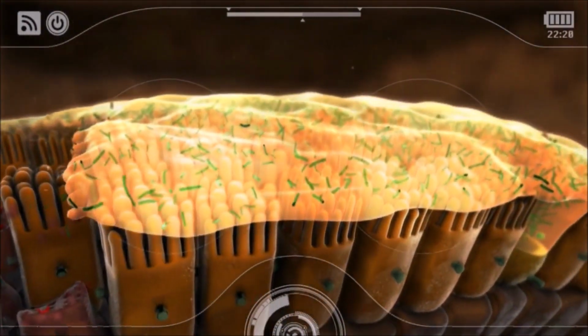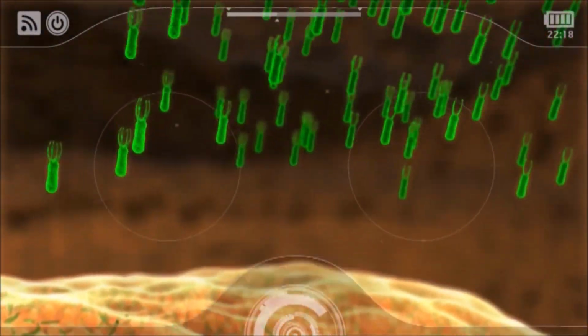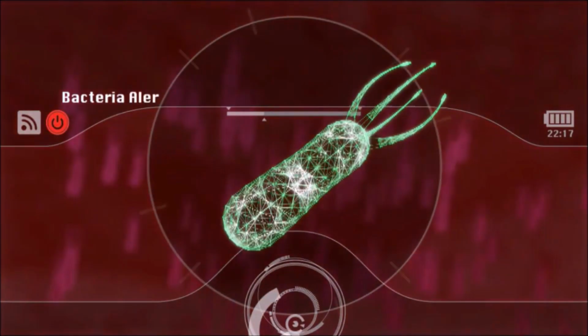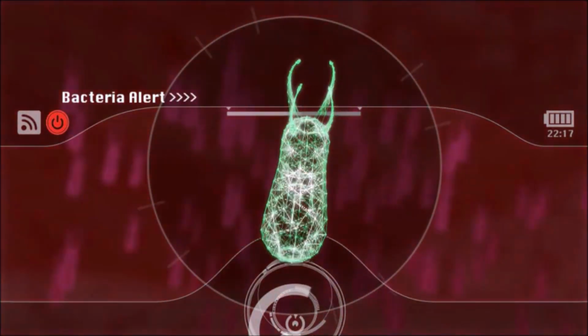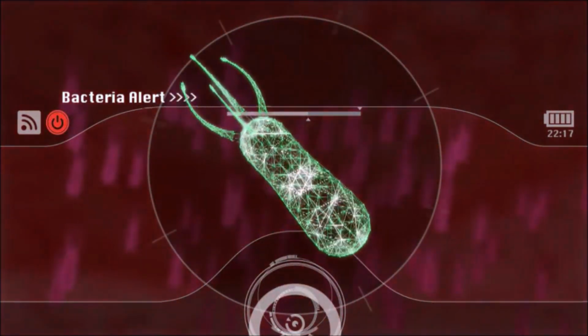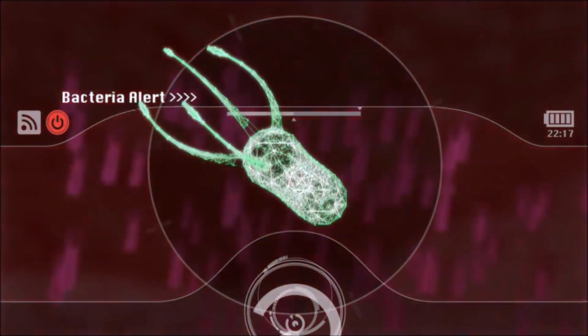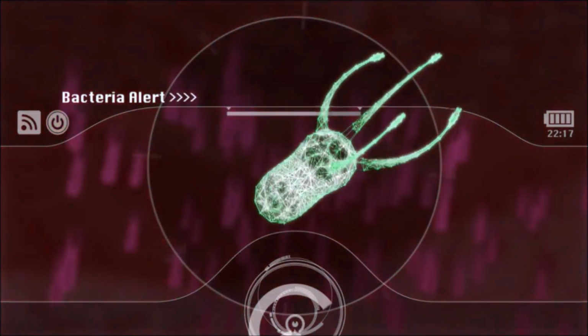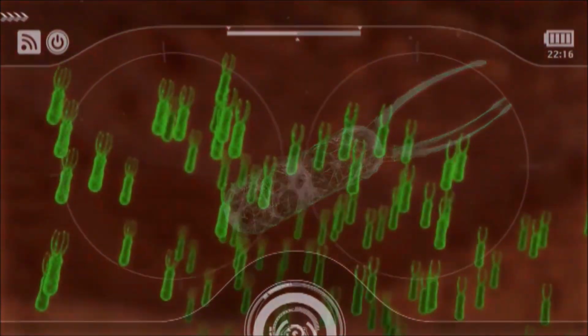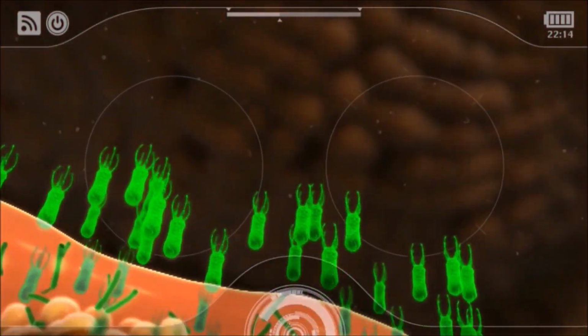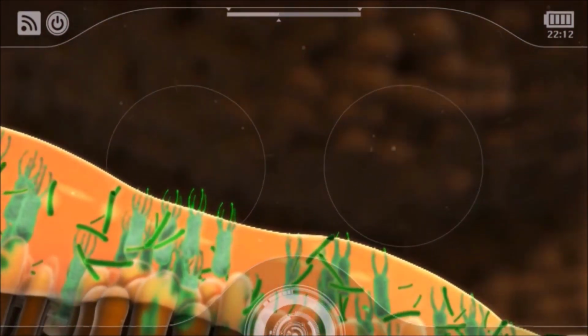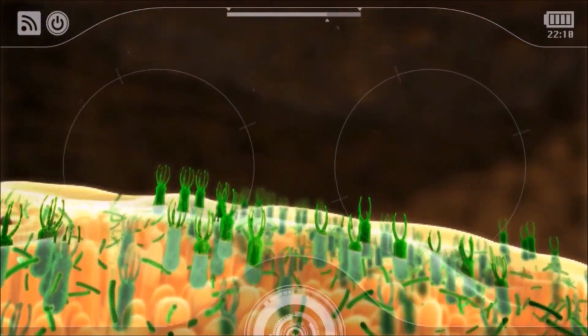The proliferation of bacteria also disrupts the mucosal barrier. Bacteria are usually associated with less important damage than viruses.